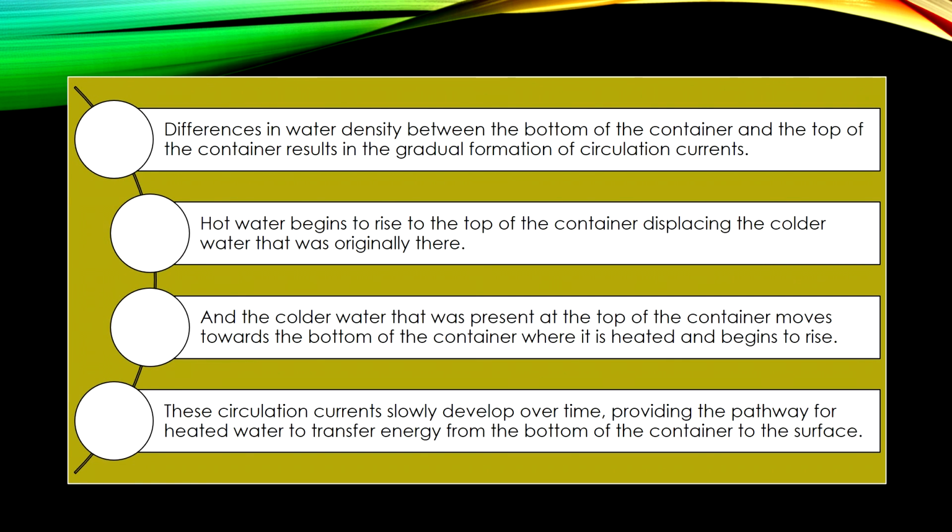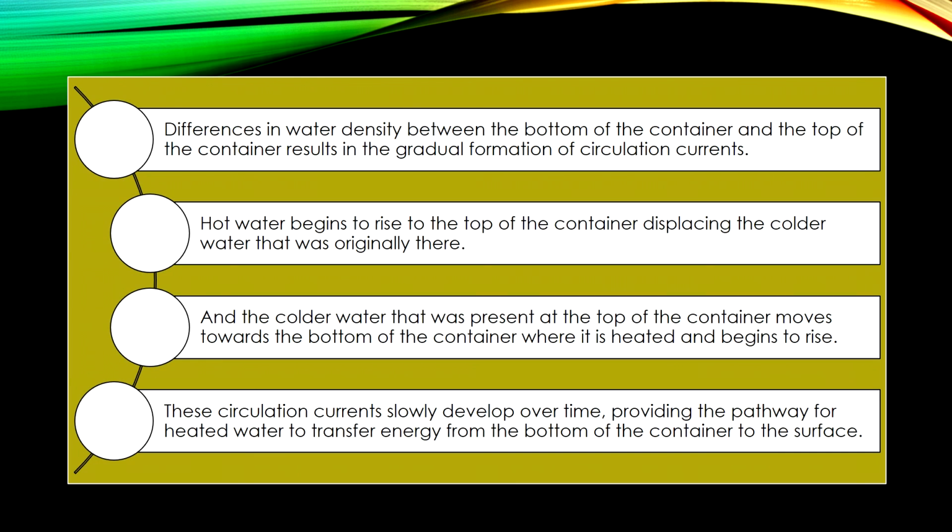Differences in water density between the bottom of the container and the top of the container result in the gradual formation of circulation currents. Hot water begins to rise to the top of the container, displacing the colder water that was originally there.